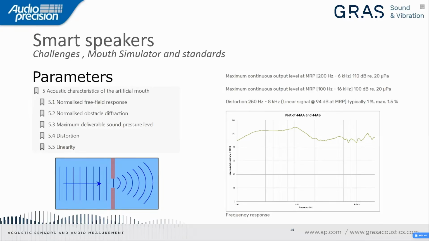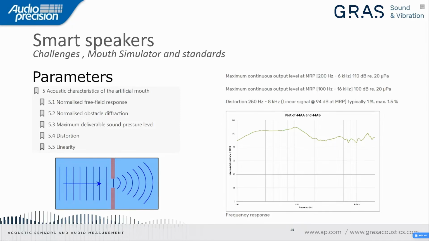If you look at the response here, the green curve, then you will see that it's not a flat and nice curve. That's because the mouth simulator is very much equal to a speaker, and you can't get a speaker which is 100% flat.